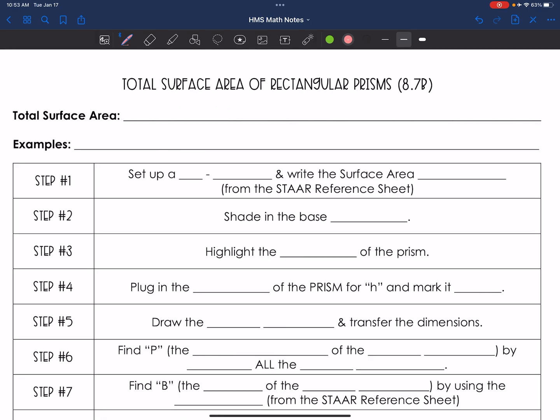So, the total surface area is the sum of all faces and bases area.